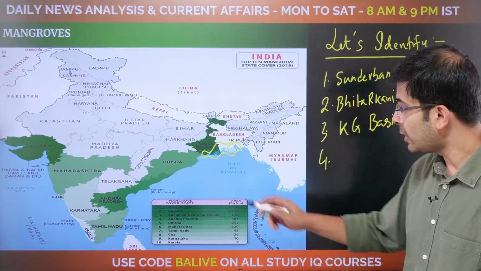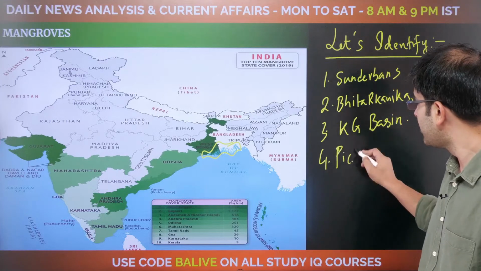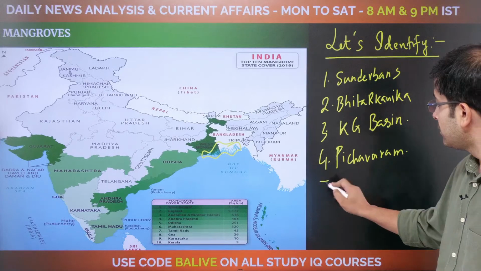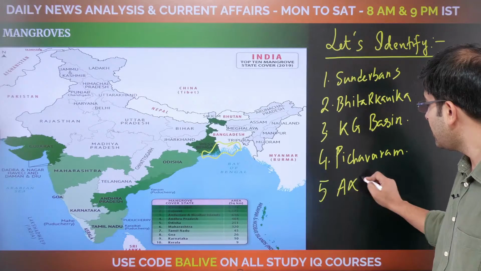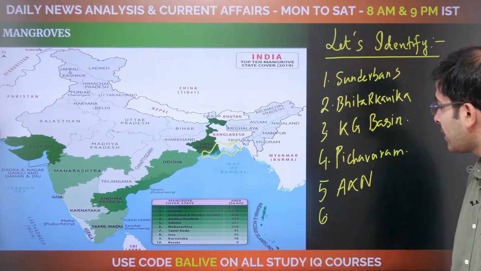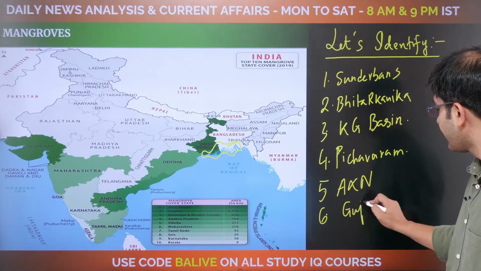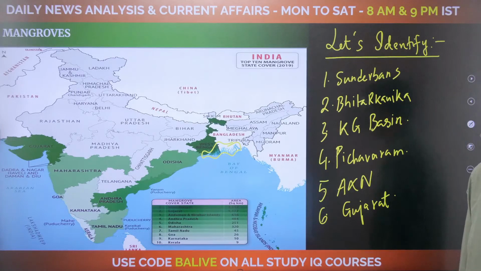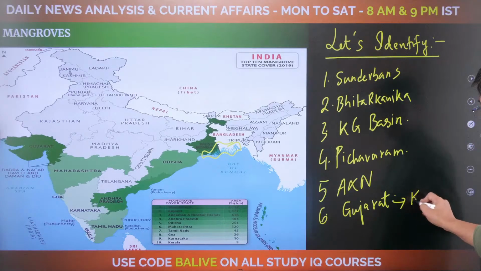Number 4, you are looking also in Tamil Nadu, the Pichavaram. Thereafter, Andaman and Nicobar, again known for its mangroves. Gujarat, again known for its mangroves. In Gujarat, you are looking at Kutch and Jamnagar district, just in case you want to know.